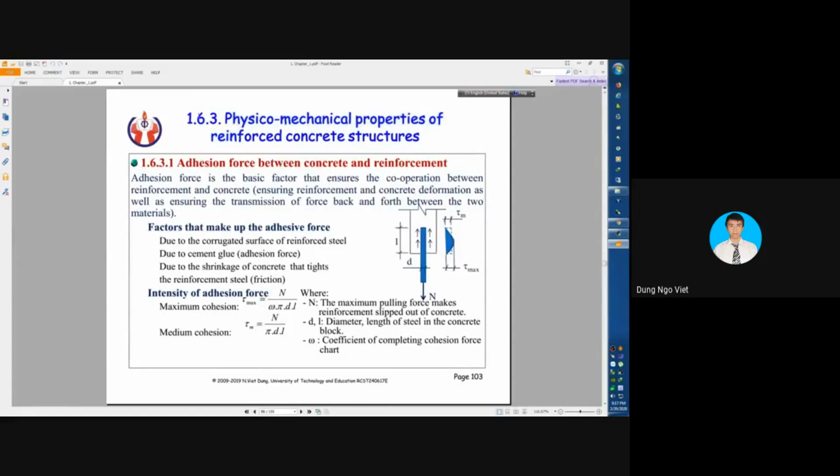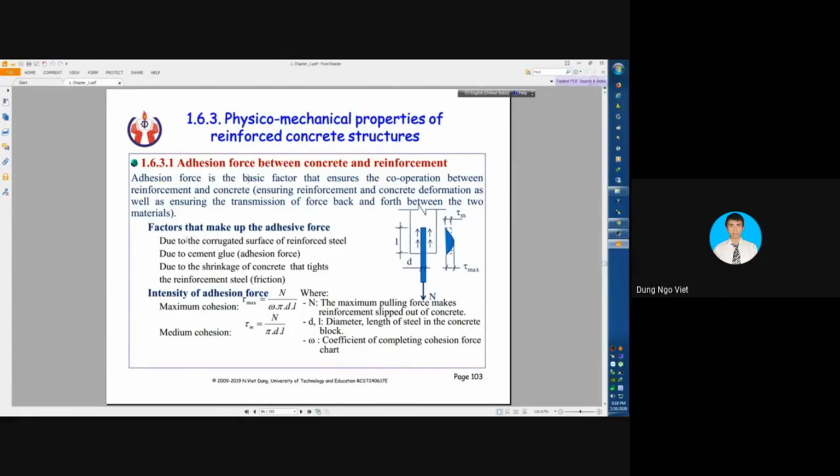The final part of 1.6 is the physical mechanical properties of reinforced concrete structures. At first we consider the adhesion force between concrete and reinforcement. Adhesion force is the basic factor that ensures the cooperation between reinforcement and concrete, ensuring reinforcement and concrete deform together, as well as ensuring the transmission of force back and forth between the two materials.